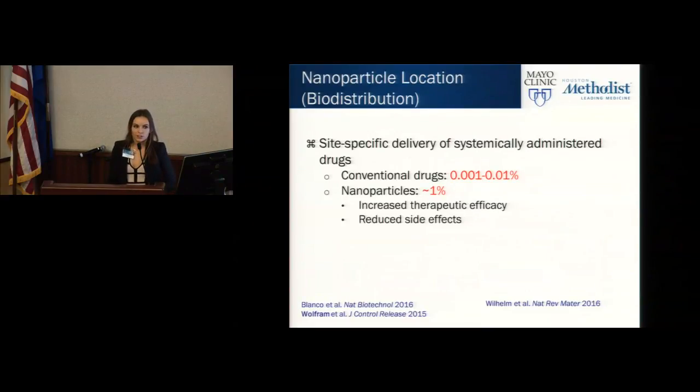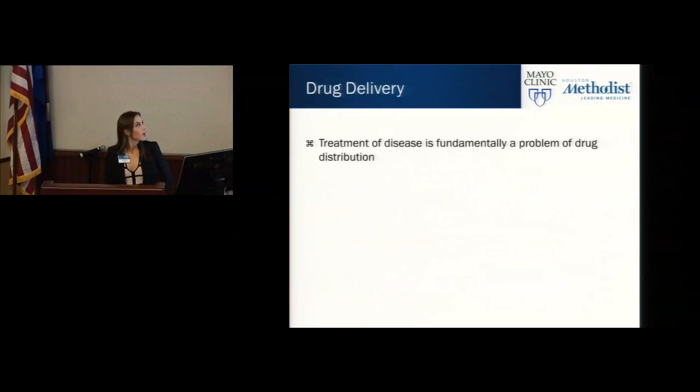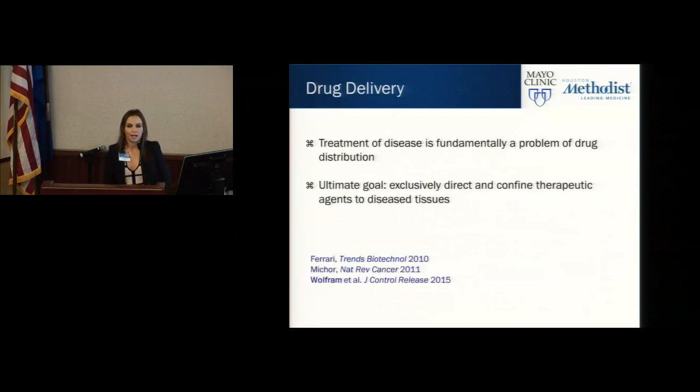But one of the questions we asked is, is 1% enough? And how can we further improve site-specific delivery? And within the field of drug delivery, we believe that treatment of disease is fundamentally a problem of drug distribution. And the ultimate goal is to exclusively direct and confine therapeutic agents to diseased tissues.